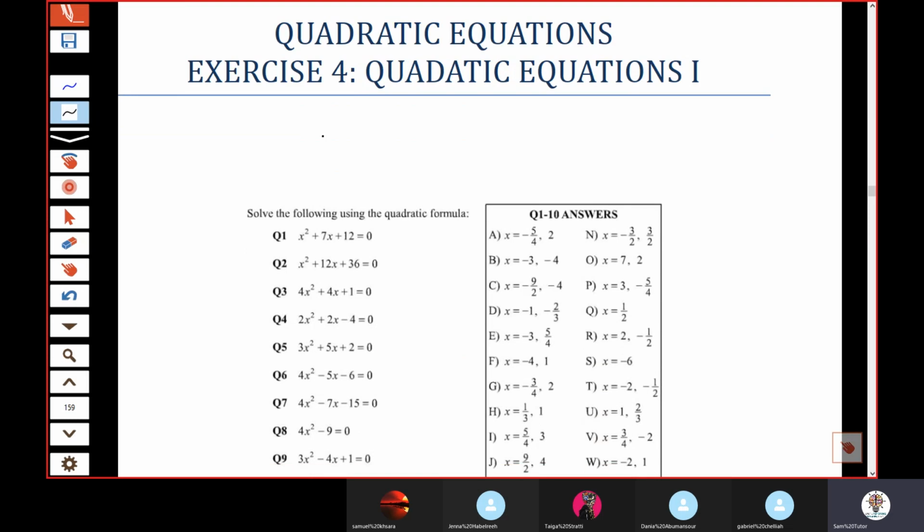All right, so let's do one. Just before I start, question 1. Can someone tell me again what the quadratic formula is? X equals minus b, plus minus, yep, square root.